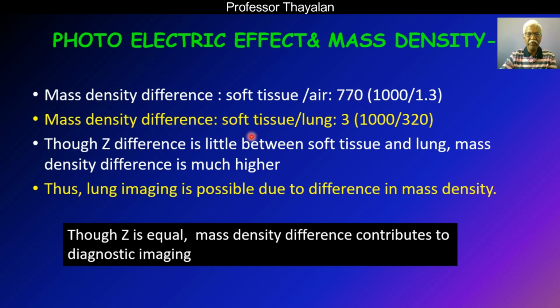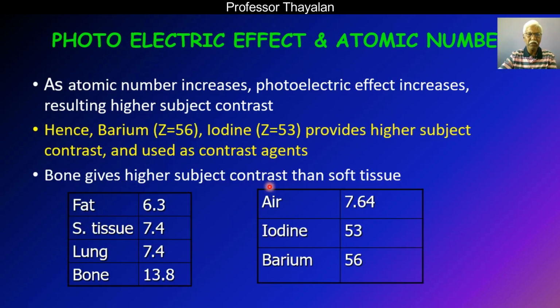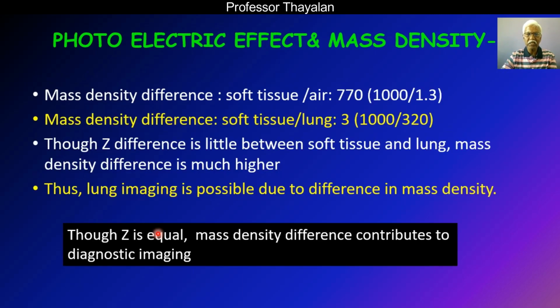If you take the soft tissue and lung ratio of mass density, it is 1000 divided by 320, around 3. So in terms of mass density, air and lung actually differ, even though the atomic number is almost the same. You can see here that for soft tissue, air and lung the atomic number is almost the same, but the mass density difference is very, very large.